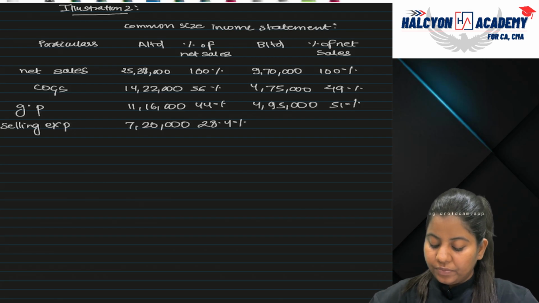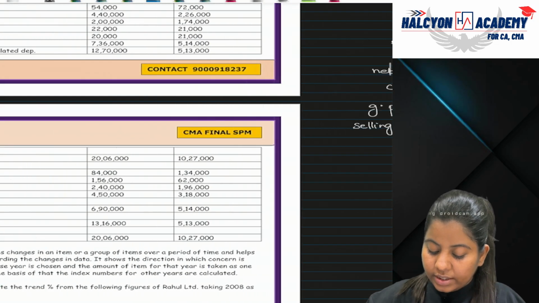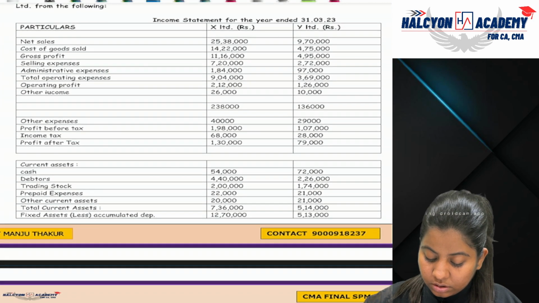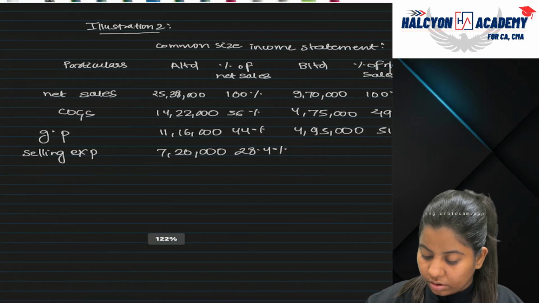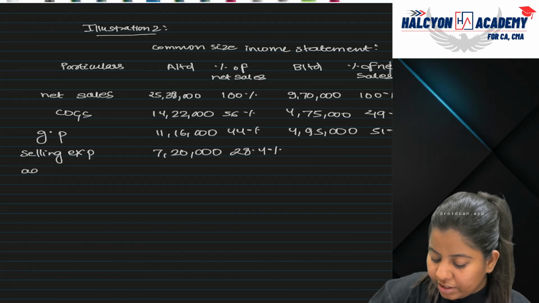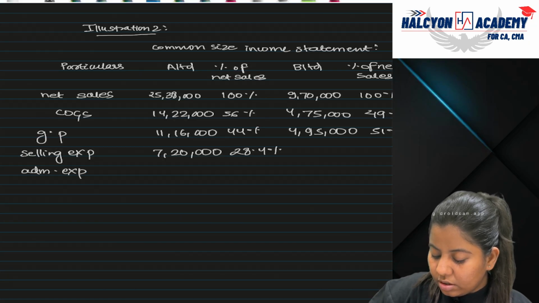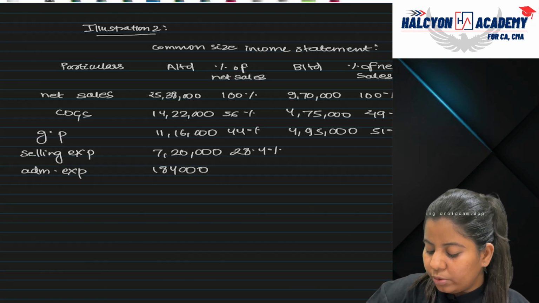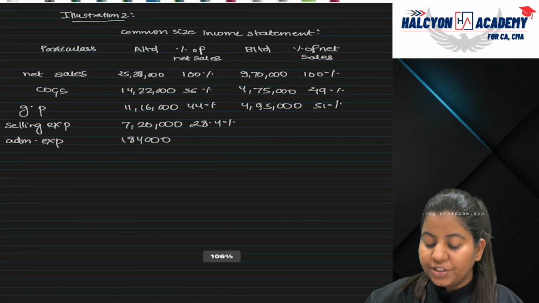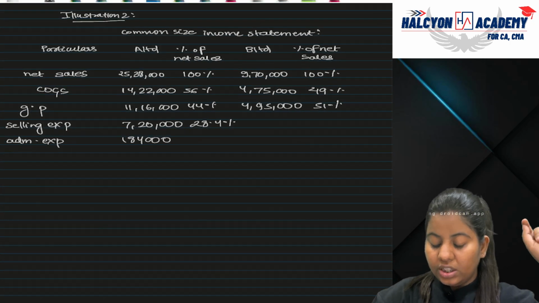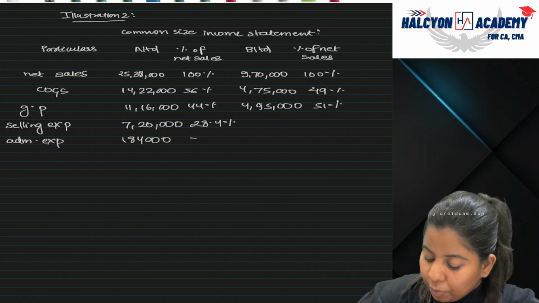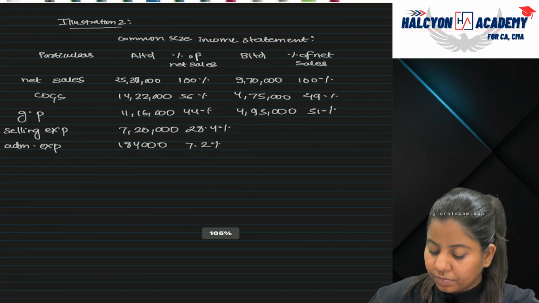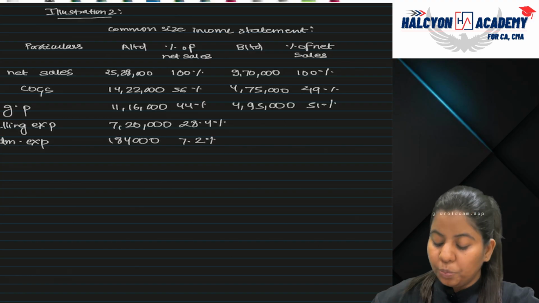Then the next one is administrative expenses, 1,84,000. To find out the percentage, 1,84,000 divided by 25,38,000 will be 7.2%.